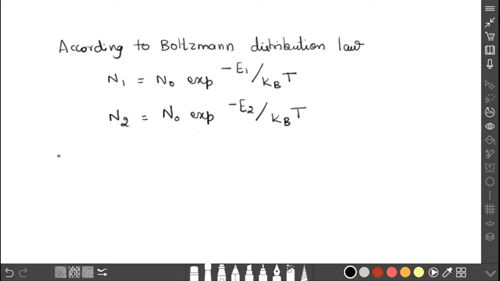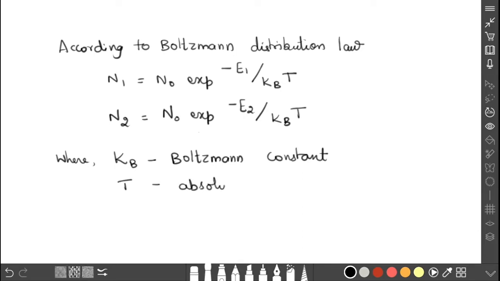So first one, E1 is the energy of the ground state, E2 is the energy of the excited state. What is KB here? KB is the Boltzmann constant, right? And T is the temperature, or absolute temperature.